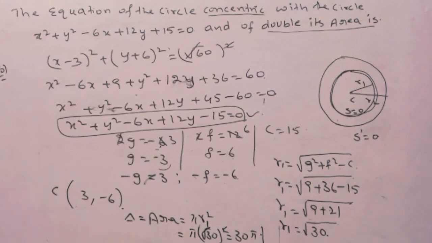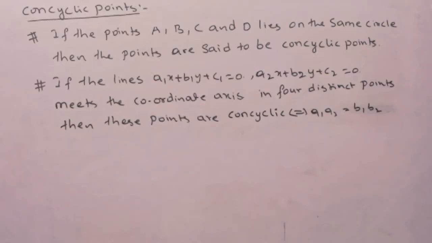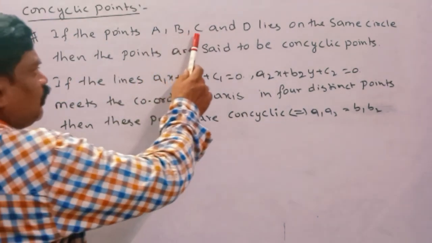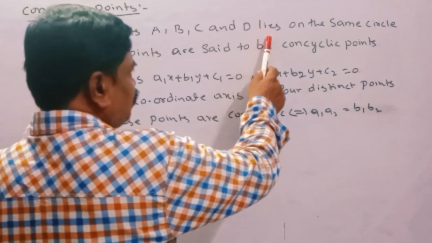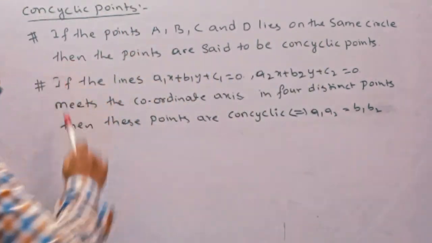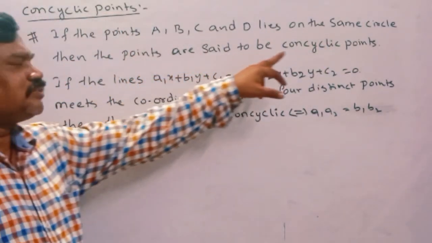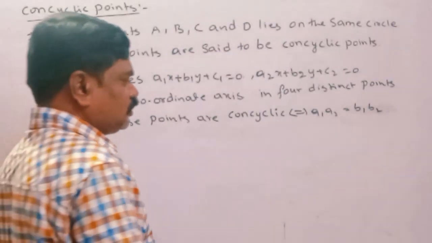Okay, all of you, that's all. Here we have concyclic points. If the points A, B, C and D lie on the same circle, then the points are said to be concyclic.